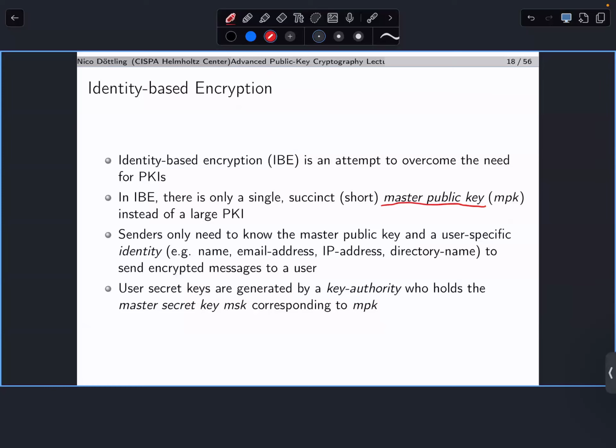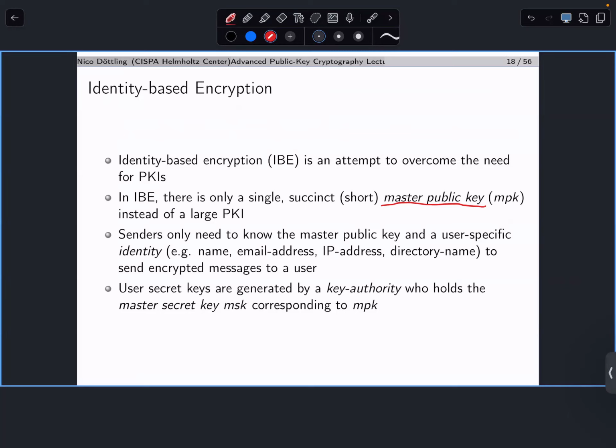This could be something like a name, an email address, an IP address, or a directory name in a file system. We're not even necessarily talking about communication in space. This could also be about communication in time. When I store something in a file system, the path of this directory could be the identity of the thing that I'm encrypting to.